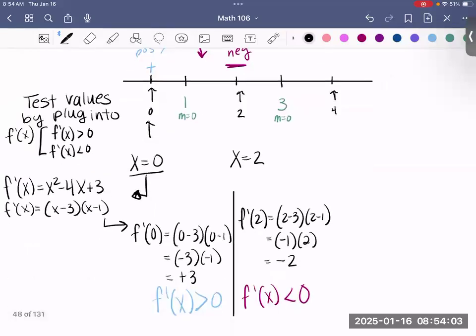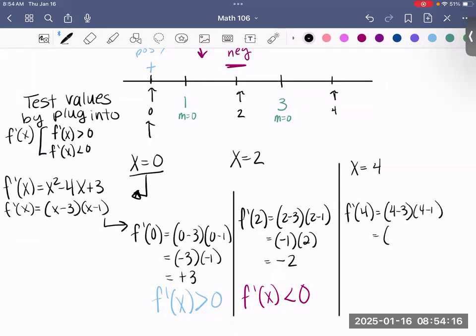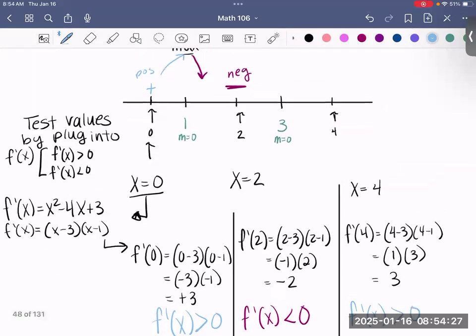Let's try it again. One more time. When x is now equal to 4, we're left with a positive 3. So our first derivative is greater than 0. So we are back at positive.